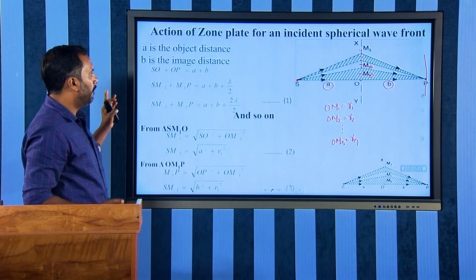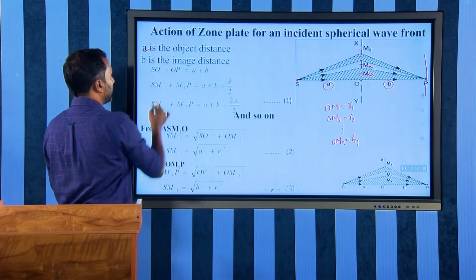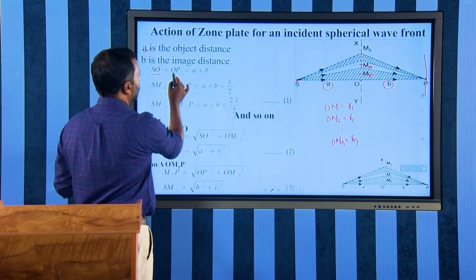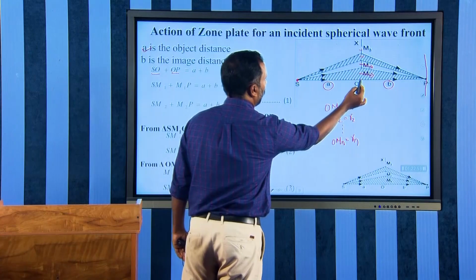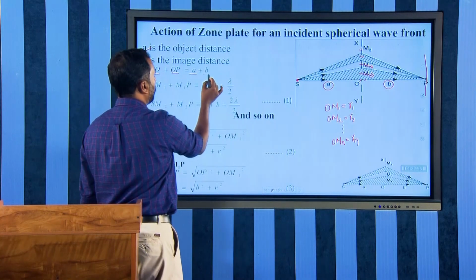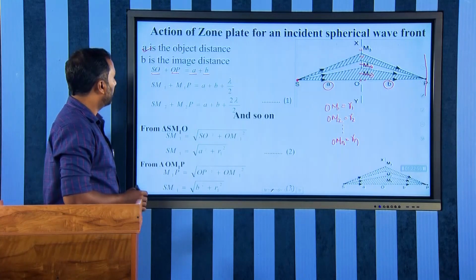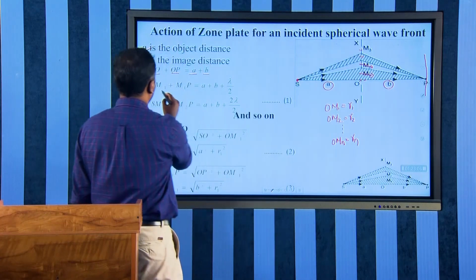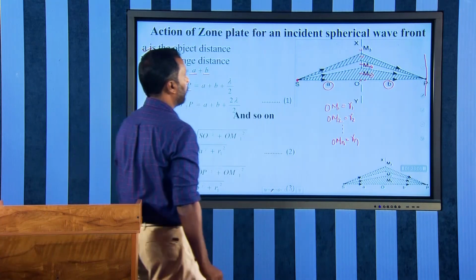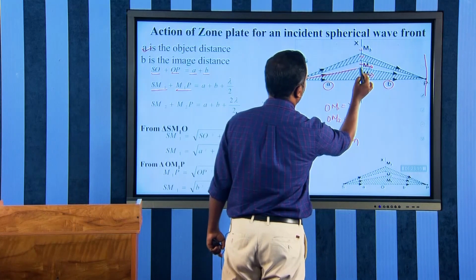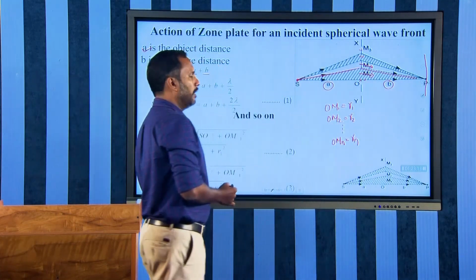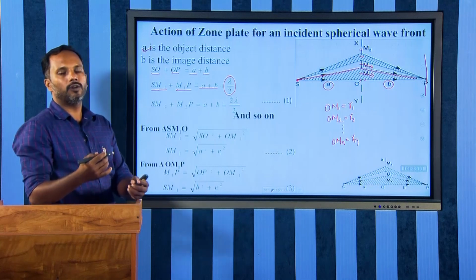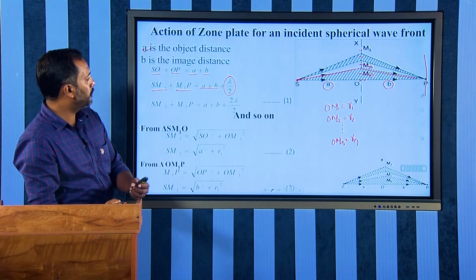Well, so we have discussed that A is the object distance and B is the image distance. Then SO plus OP is equal to A plus B. Now, let us take SM1 plus M1P, that will give you A plus B plus lambda by 2, because in every zone there should be a path difference of lambda by 2.